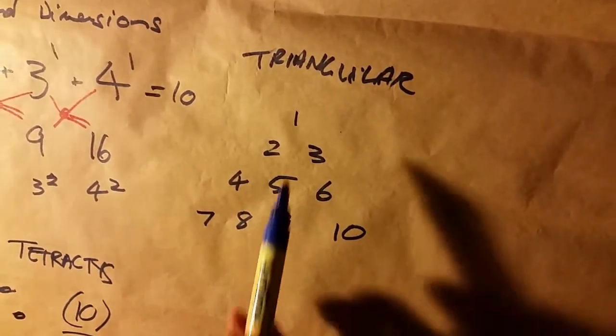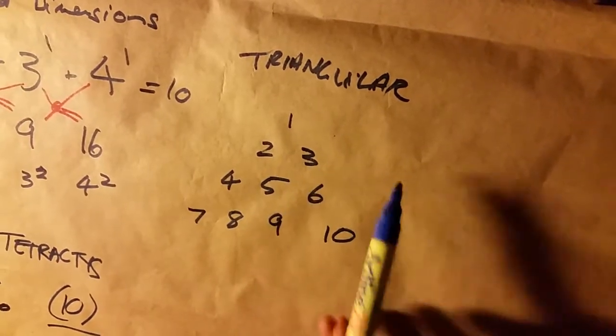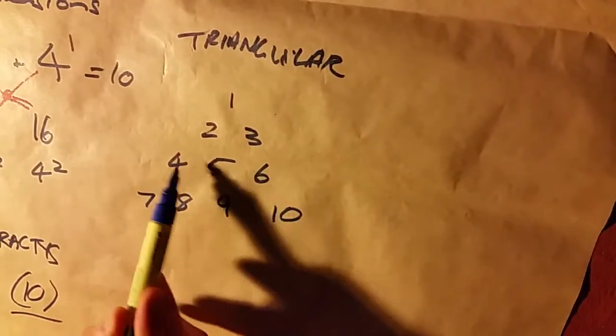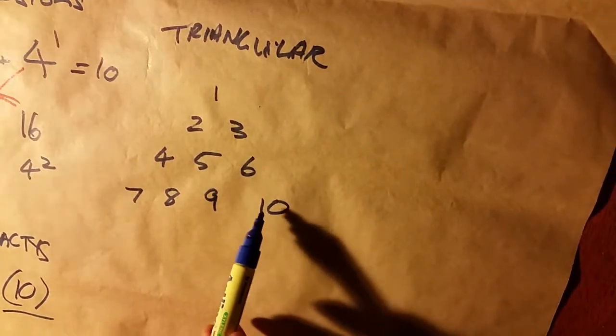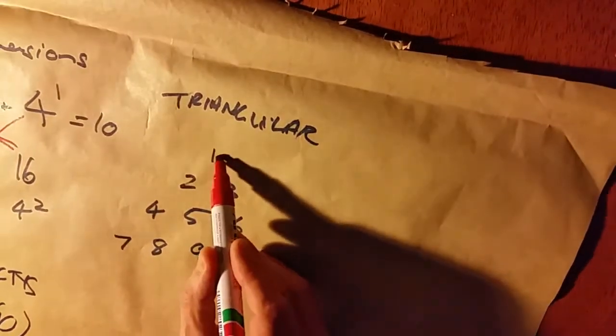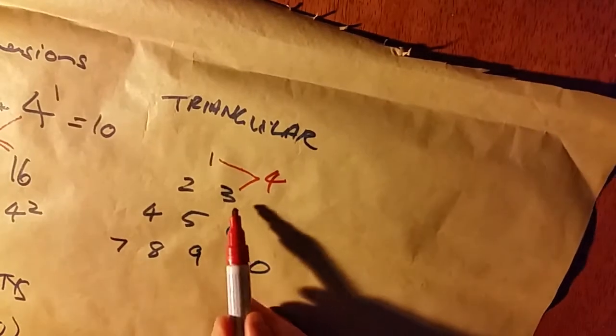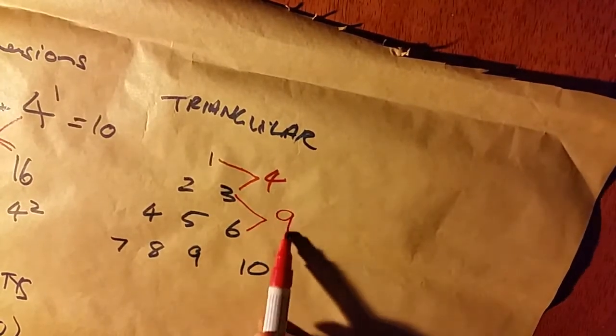So the first row is 1, the second row is 3, the third row is 6, and the fourth row is 10. If I add 1 plus 3, I get 4. If I add 3 plus 6, I get 9.